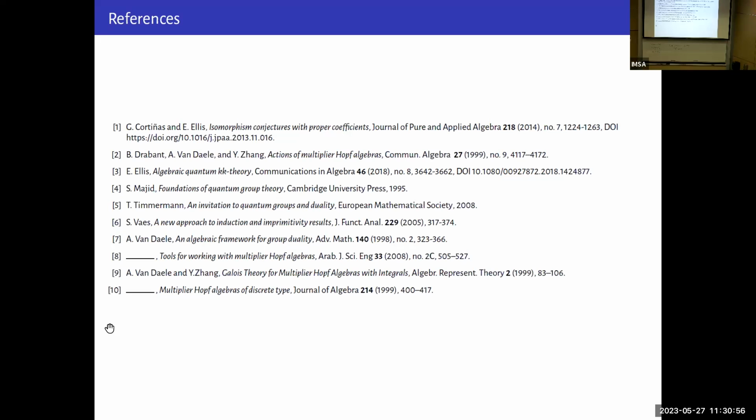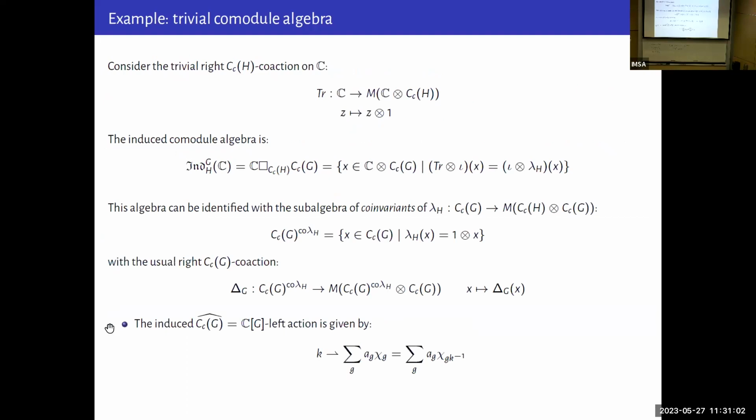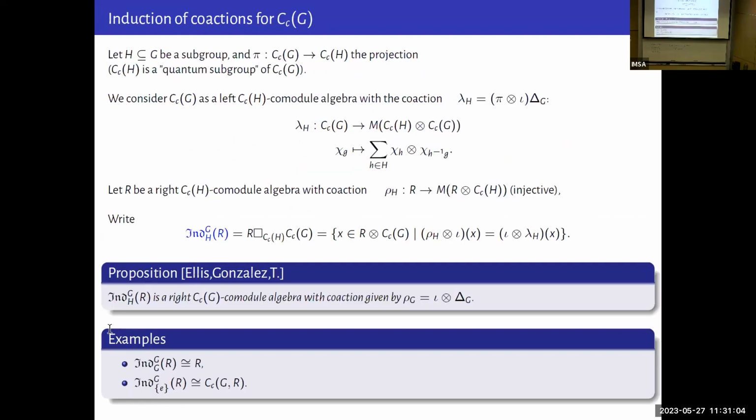So far we have these results for these kinds of algebraic quantum groups. Okay. The algebraic quantum group CC of G with the algebraic quantum group CC of H. And we have a construction, a candidate for a construction. So what is next? What happens if we take another class of algebraic quantum groups?